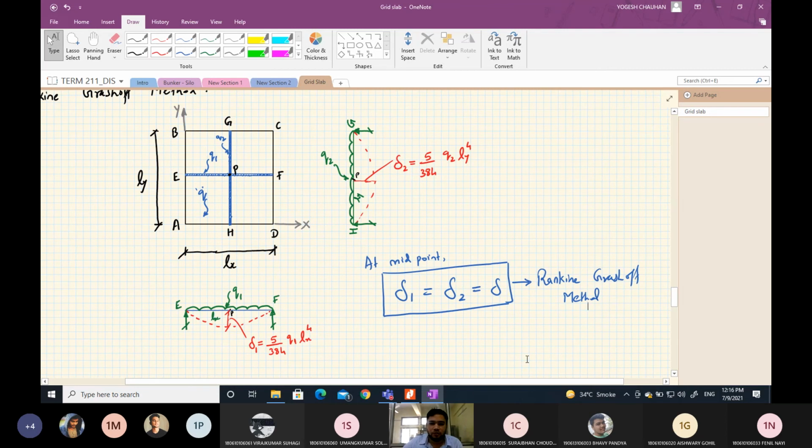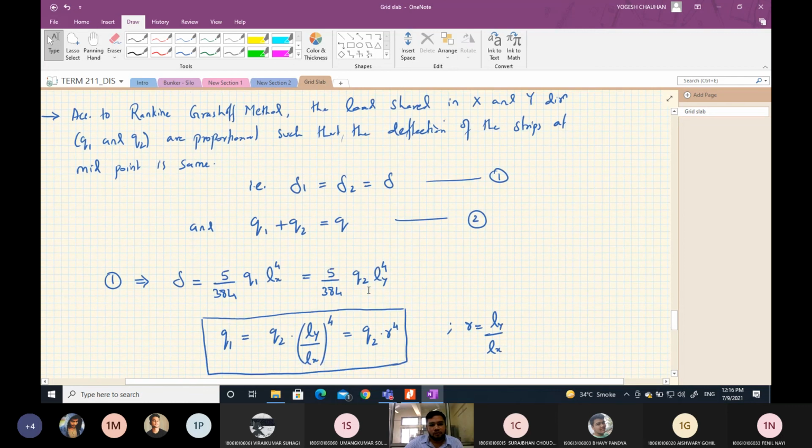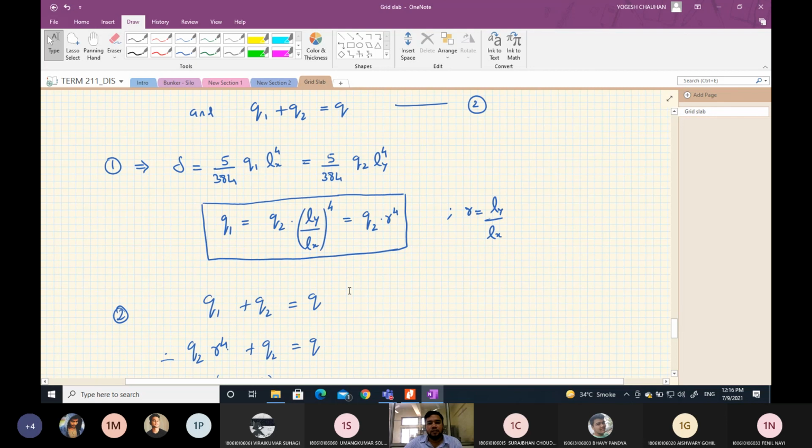And now you can substitute the values of these deflections in terms of the load shared by each strip. You will get a relation of the load shared by each strip in proportion to the total load on the slab, and from that you can find the loads and the bending moments in each strip.